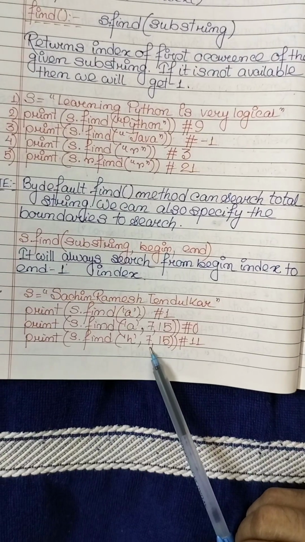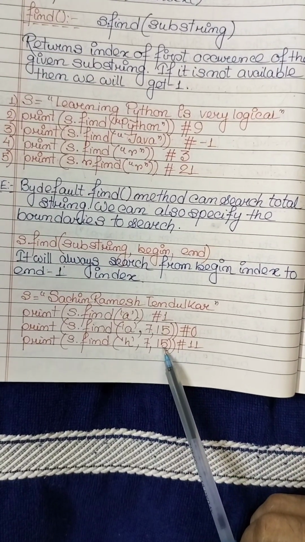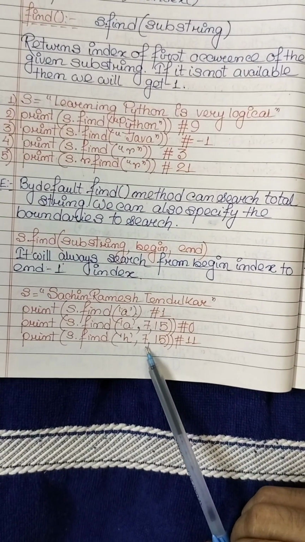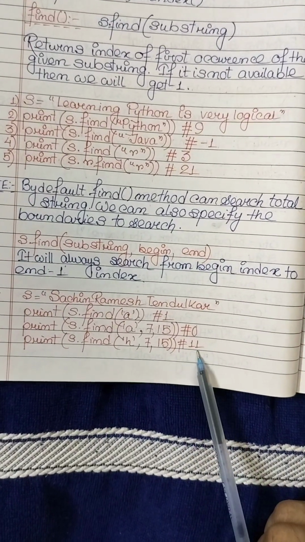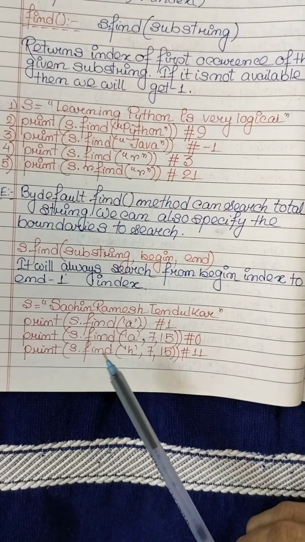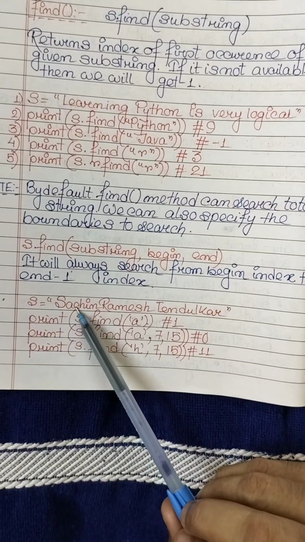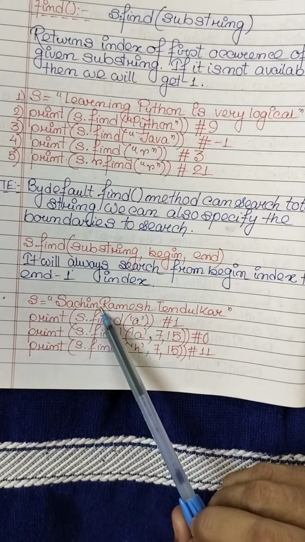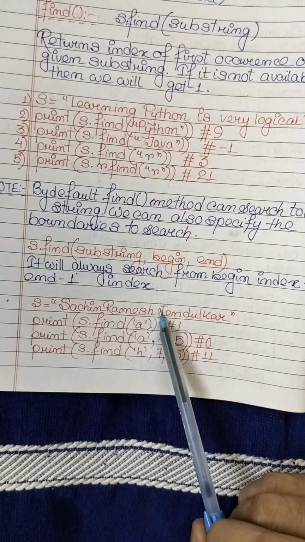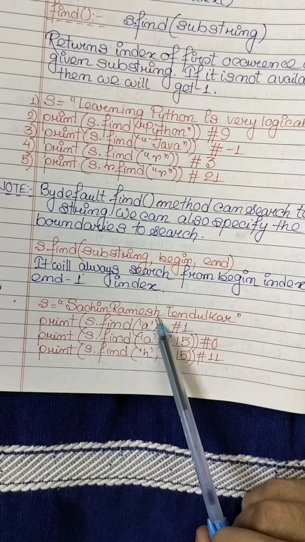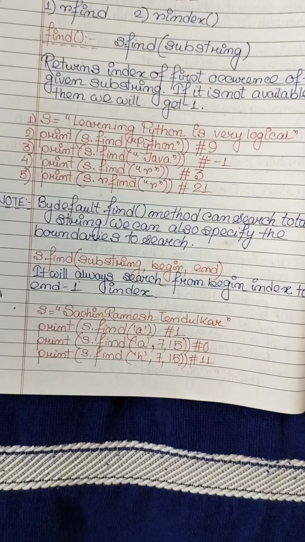This is the beginning value, this is the end value. Within 7 to 15 we can see 11. So let's see, 0, 1, 2, 3, 4, 5, 6, 7, 8, 9, 10, 11. In the 11th position you will get it.